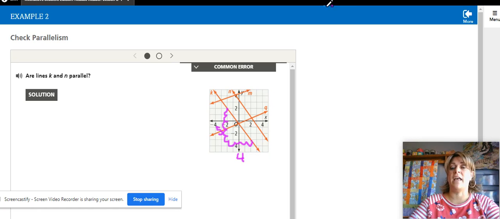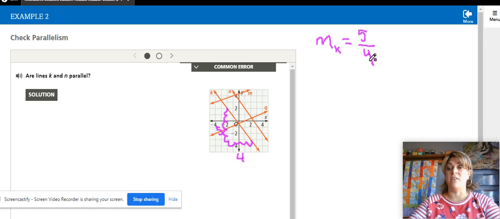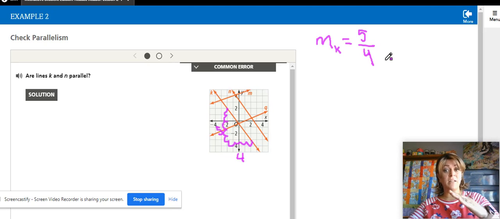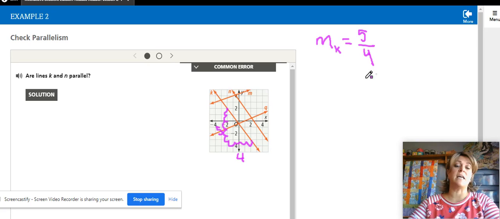So the slope of K, and I use the M for slope, slope of K, and I'm just putting a little subscript K, equals the rise over the run, 5 over 4. Now, if you've done this before, you know there should be a positive or negative slope. Ask yourself, are you going upward up the graph? When I tell my students, I show them in person, and it's hard to show on the graph.